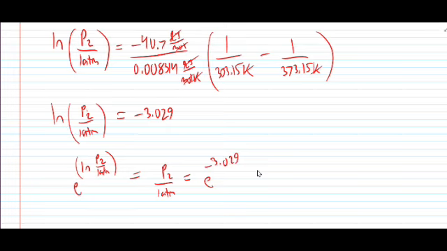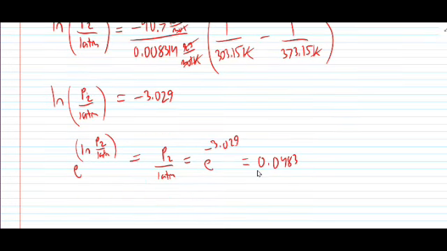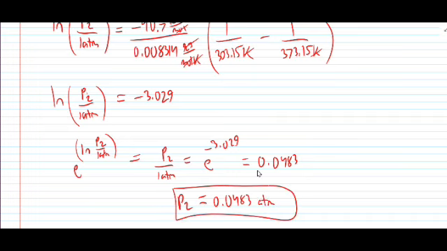We raise both sides to that exponential, and the number we get is 0.0483. Multiply both sides by 1 atmosphere, and we get pressure 2 is 0.0483 atmospheres, to 3 significant figures. And we have a vapor pressure calculation for water at 30 degrees according to the Clausius-Clapeyron equation.